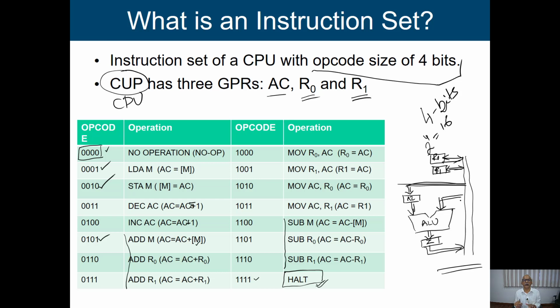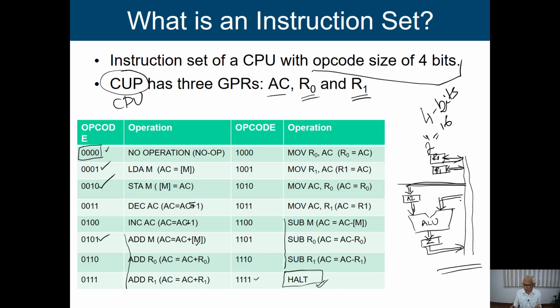Now you just see that I am considering here a 4-bit instruction code, and we are going to have a total of 16 operations. Now think that you are going to design a processor having an IR size of 8 bits. All 8 bits are going to represent one unique operation.